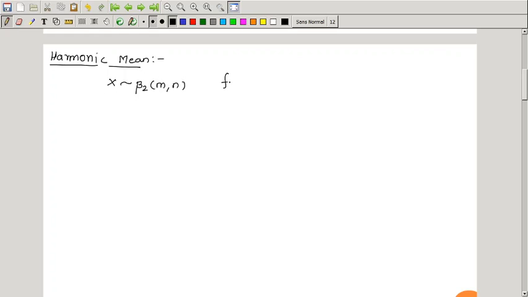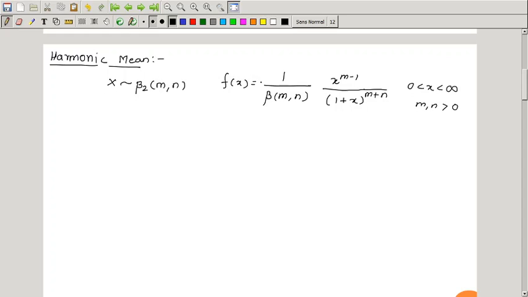So the density function of this is f(x) = 1/B(m,n) times x^(m-1)/(1+x)^(m+n), where x lies between 0 and infinity, and m and n are positive, and 0 otherwise. This is your PDF of the beta distribution of second kind.